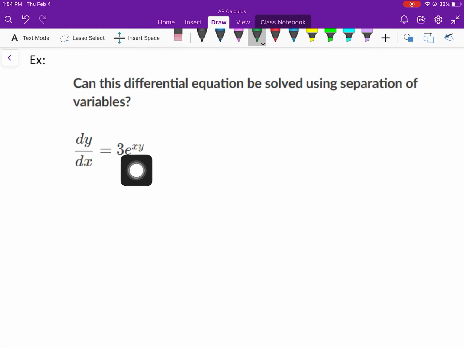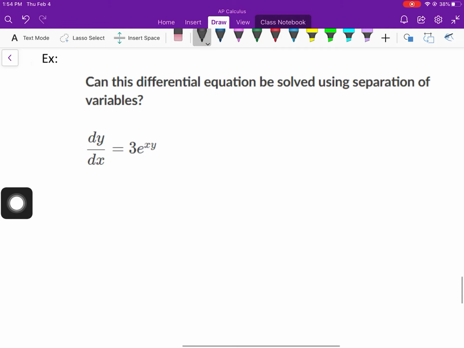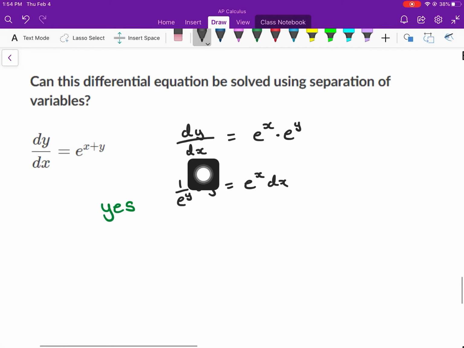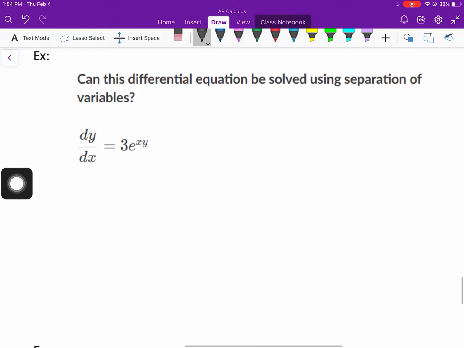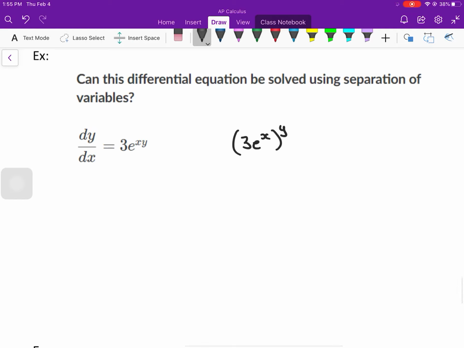All right, on this one, there's no way we can separate these. X times y, it's not like when we had the plus. With the plus, we can separate it as multiplying the two, because with the base e, you're adding the exponents. Here it doesn't work that nicely. At 3e to the x, it'd be e to the x to the y. That's the only thing we could really do here, and it doesn't really help us at all.